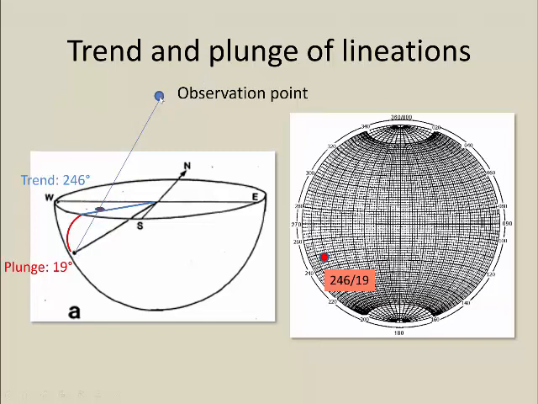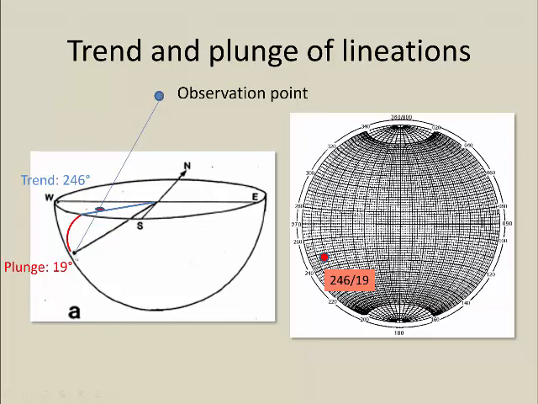Somewhere on that way between observation point and intersection point, we are going through the equatorial plane of our lower hemisphere. That is our Stereonet. And this is the point where our lineation will plot on the Stereonet. So again, your observation point is up here.